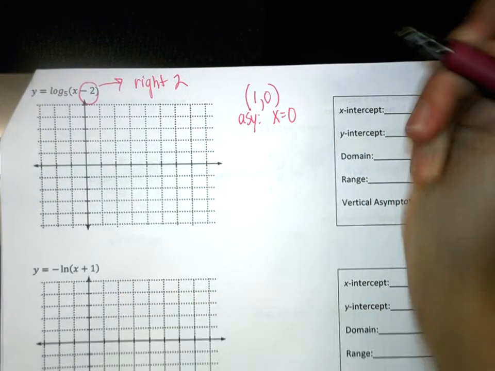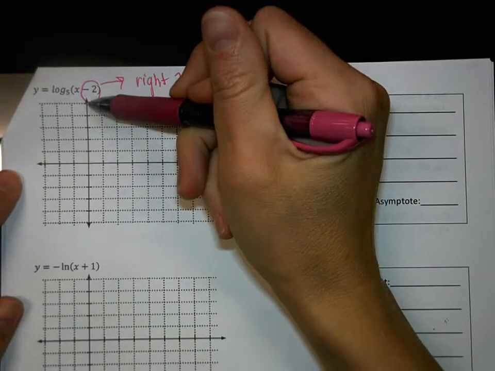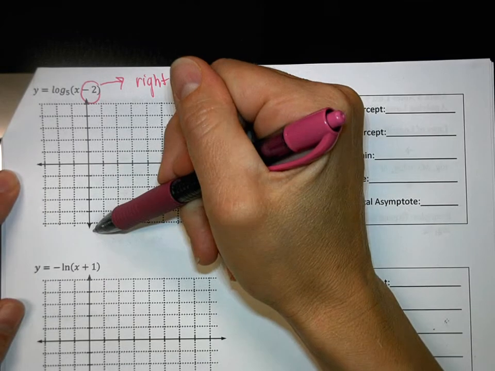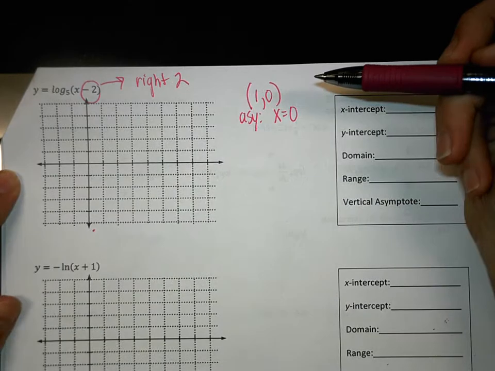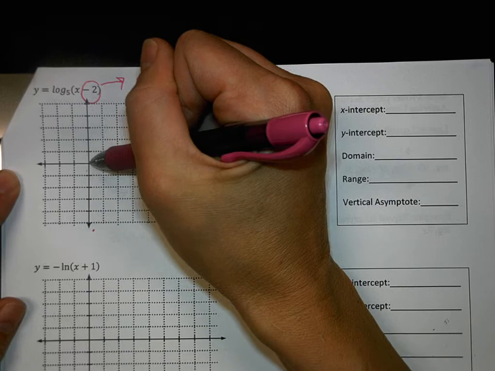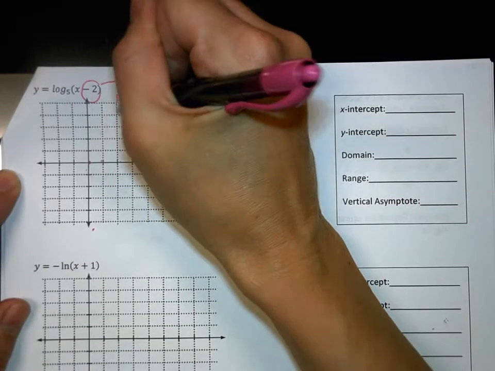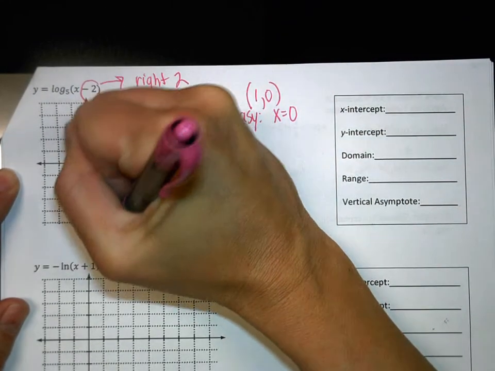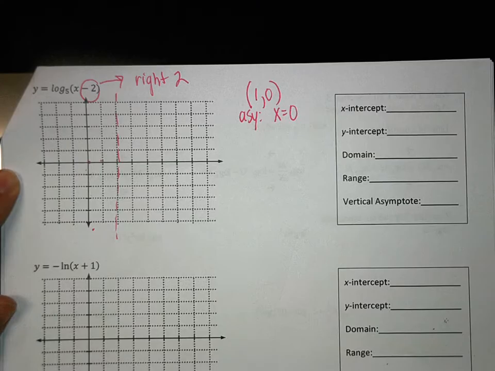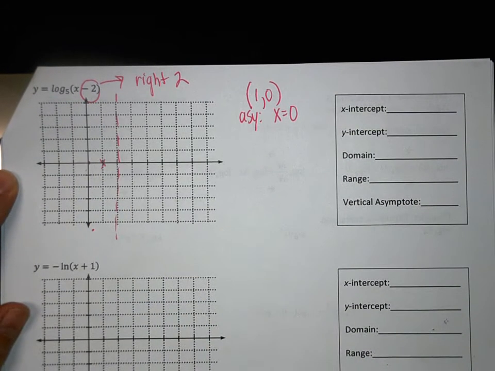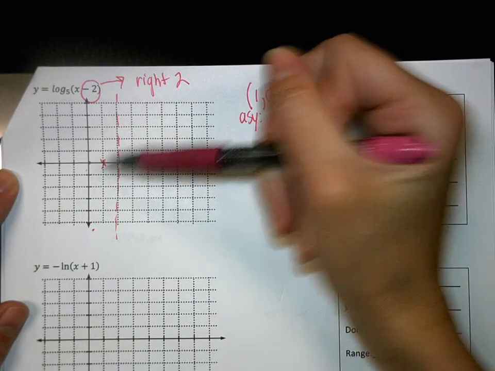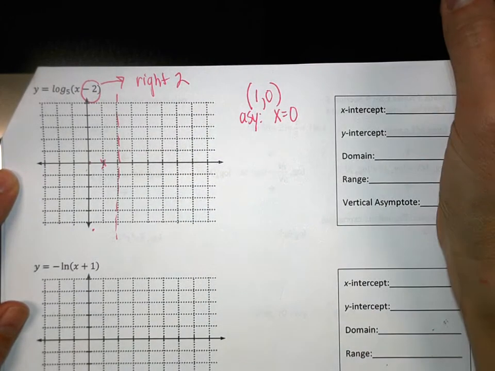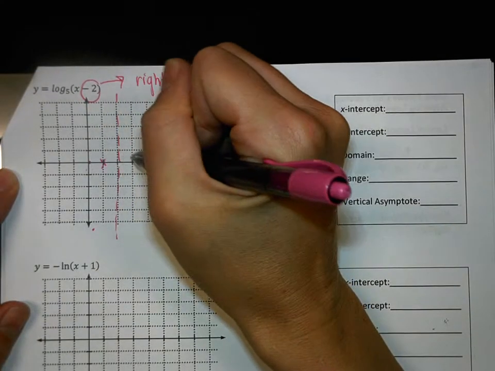Normally this asymptote is at x equals 0, but we are translating right 2. So is the asymptote going to move? Yes. So from 0, it's going to go right 2, to 2, and so now I'm going to draw this asymptote at this line. Normally we have this point, which I'm going to mark with a little x, at 1, 0, but we are going to move it right 2, to 3, 0, and there is that point.